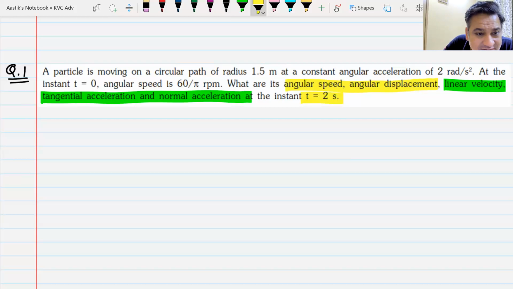Angular displacement is 1 plus 3 pi by pi. 1 plus 3 pi by pi is how much? Shall I do it? Yes, sir.